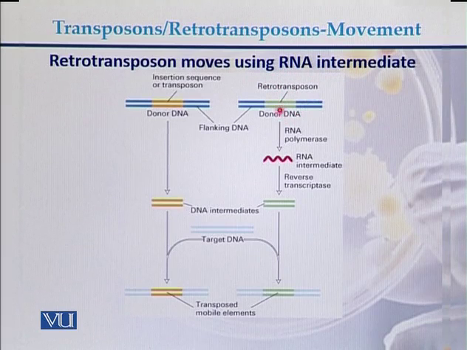Here is the retrotransposon, and this retrotransposon is producing RNA. With the help of reverse transcriptase, this RNA is converted into cDNA, or DNA, and it integrates at another location of the genome. So these are how transposons move by using DNA, and retrotransposons move by using RNA as the intermediate.